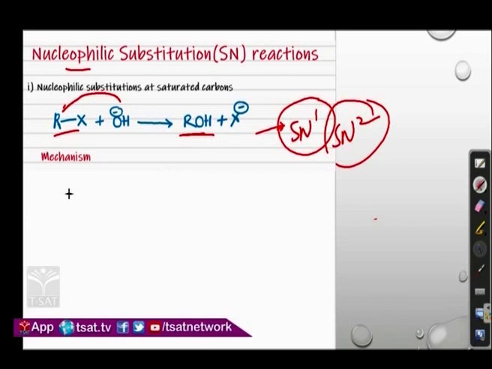I am taking a specific example of tertiary butyl bromide. This is an alkyl halide. These are the methyl groups; whether I write them or not, this indicates the methyl group. If I treat it with OH minus, there will be two conditions.